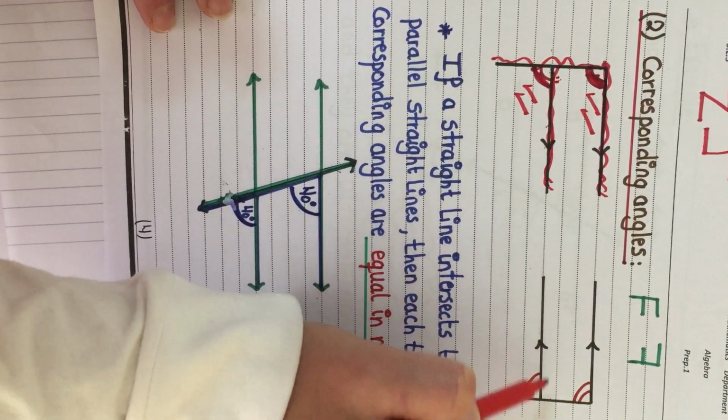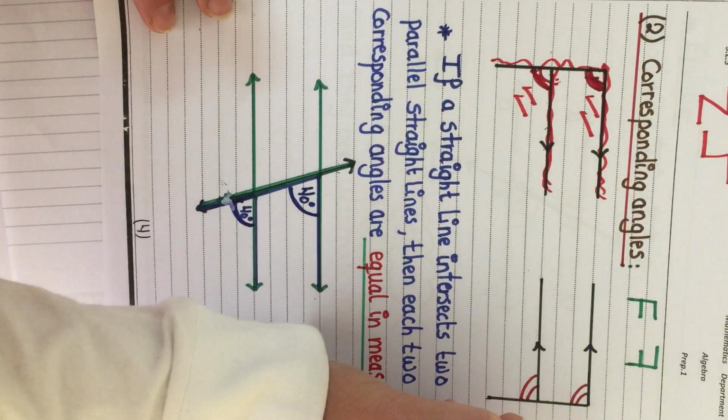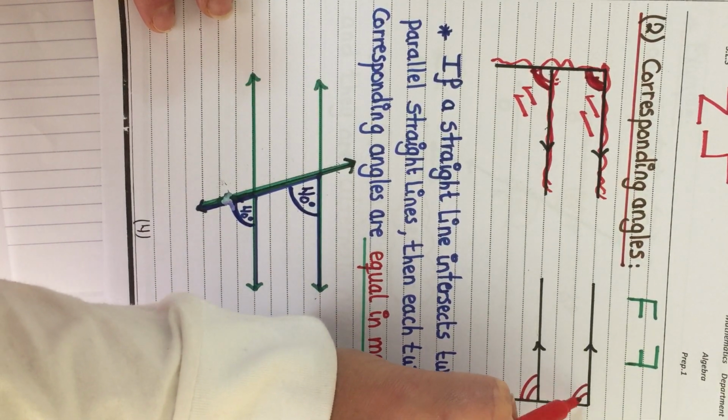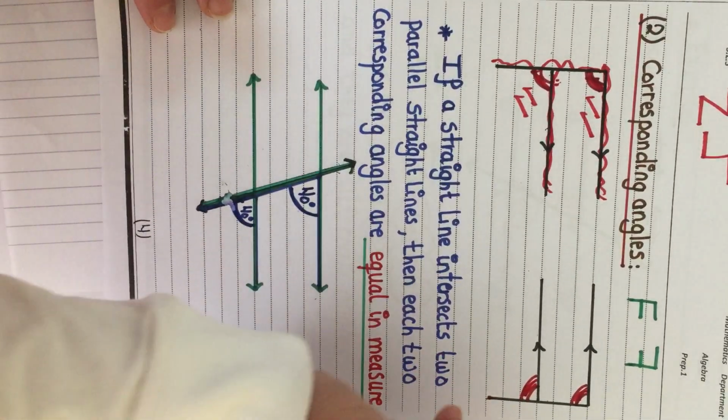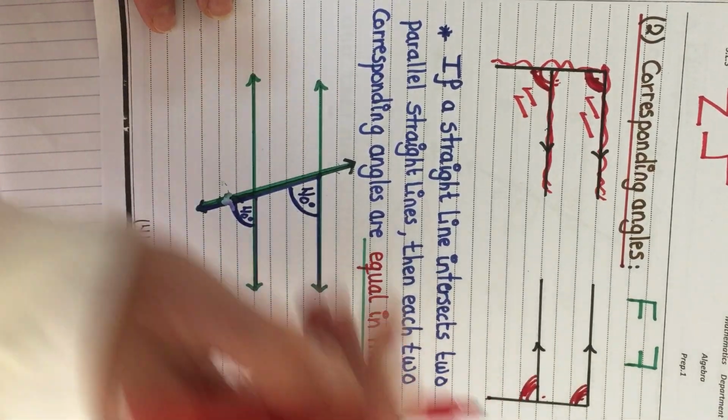Let's see here. I have the parallel lines and I have the transversal. So where is the corresponding angle? See the corresponding angle: the first one is under the first parallel line and the second one is under the second parallel line. So I took the first one, left one, and took the second one.